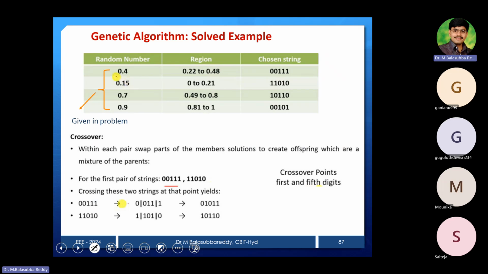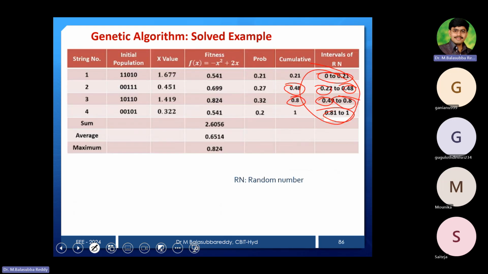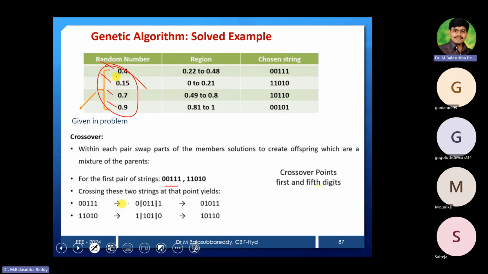And then in the next step, we can see these random numbers are already mentioned in the problem: 0.4, 0.15, 0.7, 0.9. Because this is given in the problem, and we already calculated the ranges, suppose 0.4 is given in the problem.